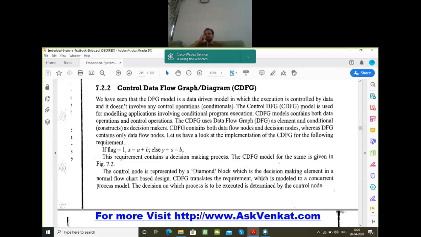So whatever operations you are going to do, addition, subtraction, multiplication, division, they are all controlled. That means you are exercising control over the operations. So we will see an example. If flag is equal to 1, x equal to a plus b, else y equal to a minus b. So this is the condition. I just put a tick over this.